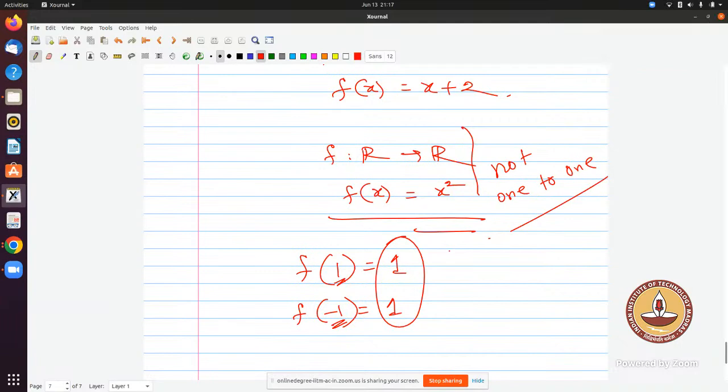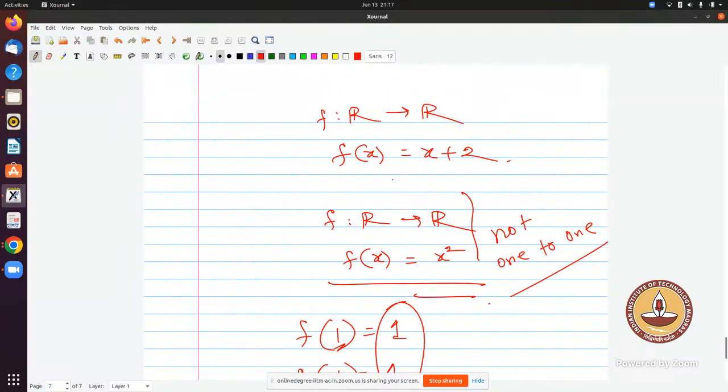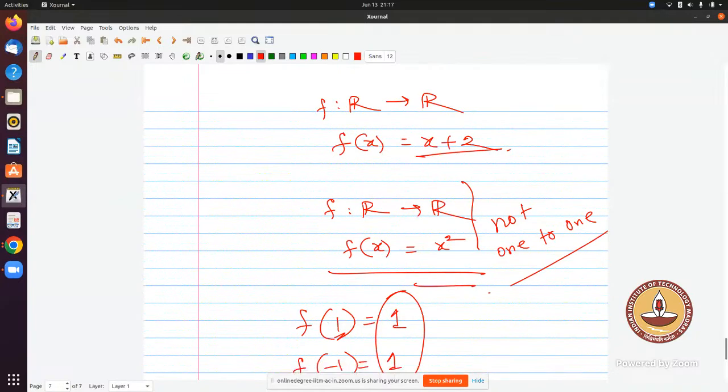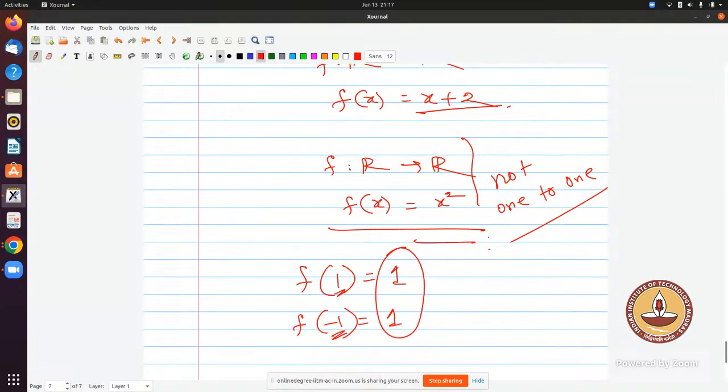Okay. Very clear, sir. Can you please describe it again, sir? For being not one-to-one, what is required? If two elements of the domain are going to the same element, then the function is not one-to-one. For f(x) equal to x squared, what is the image of 1?